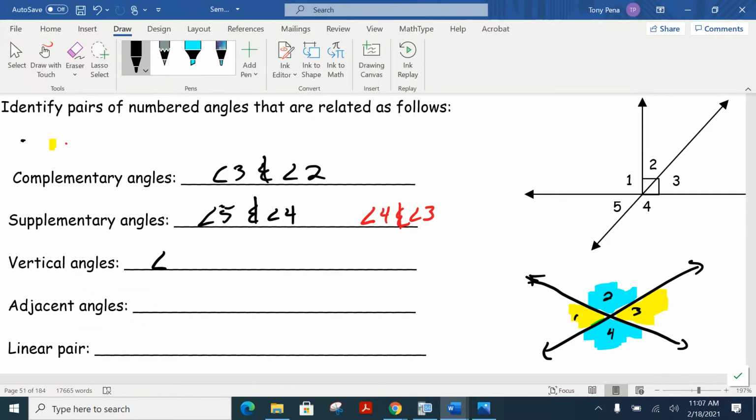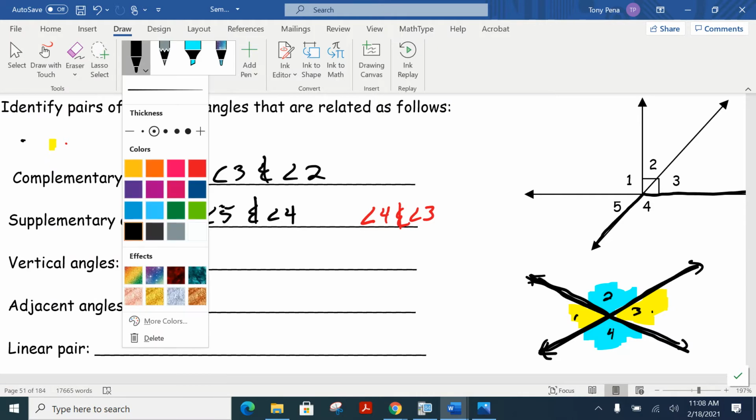But it's not just opposite of each other. They have to be angles created by the exact same 2 lines. So if I look at these 2 lines, isn't angle 2 and angle 4, aren't they created by the same 2 lines? Angle 1 and angle 3, those are created by the exact same lines. So if I look at angle 1 and 4 that Dahlia gave us, look at the lines that are forming this.